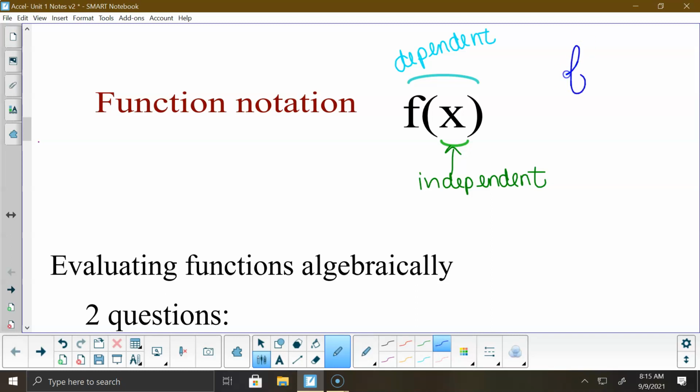If I tell you f of 3, you are going to plug in x equals 3 and see what it spits out. If I give you f of x equals 7, you're going to replace f of x with the 7 and solve for x.